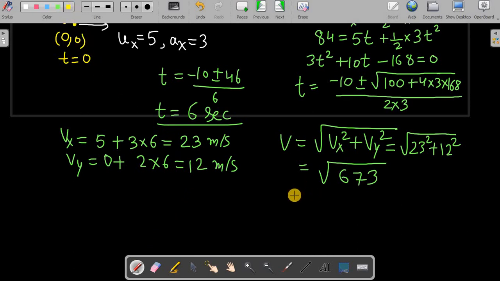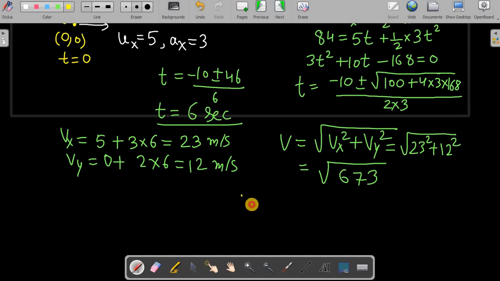What is the root of 673? It looks like an odd number. We can calculate near about. How much will it come? If it is 25, it is 625.